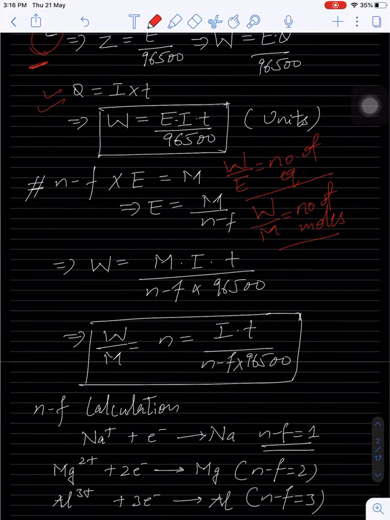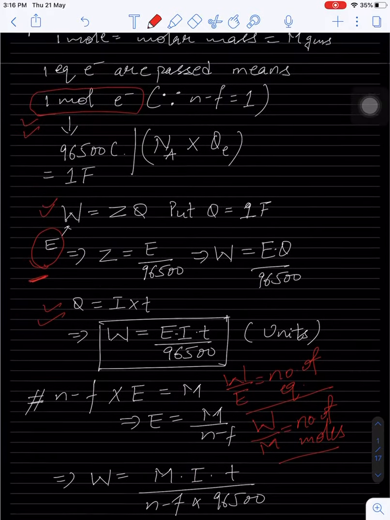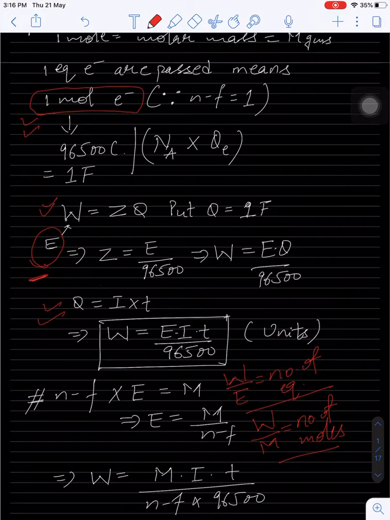True. So now we have studied that the number of moles multiplied by n factor equals number of equivalents.